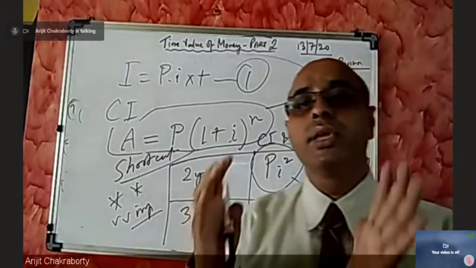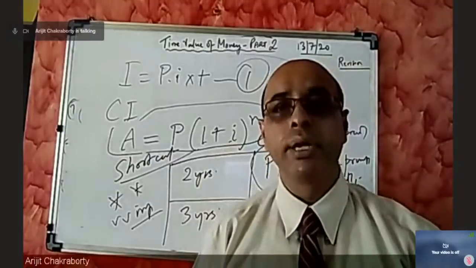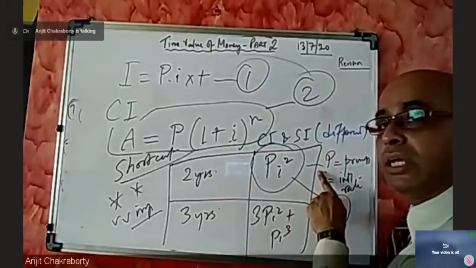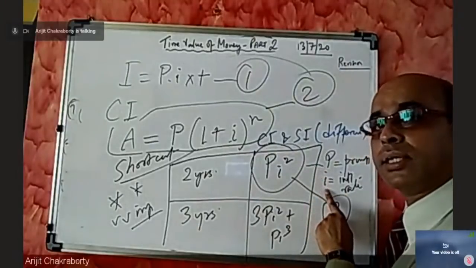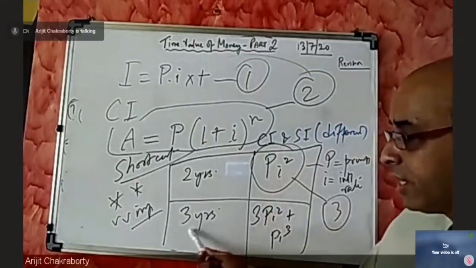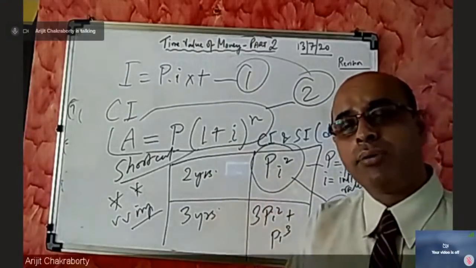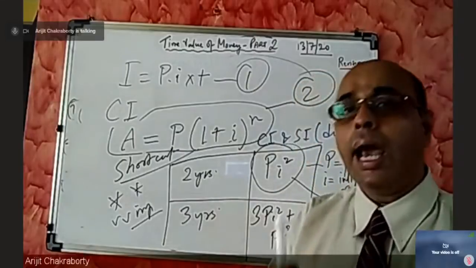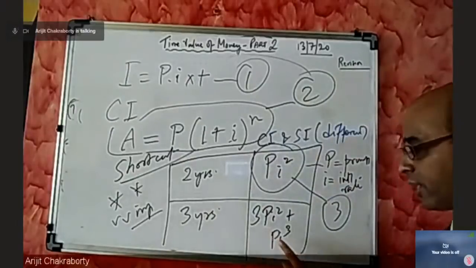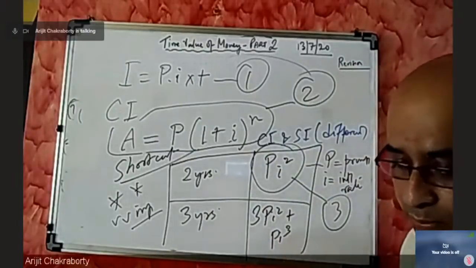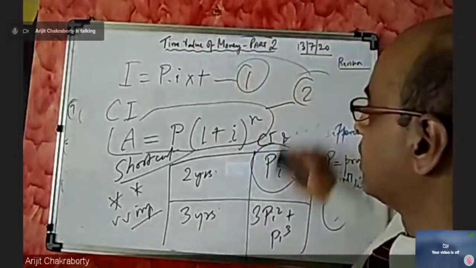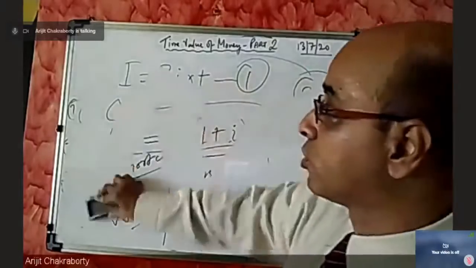The difference between the compound interest and the simple interest for a period of 2 years, when we know that P is the principal and I is the interest rate, right? So it is P into I square. And for 3 years, the difference between compound interest on a given sum of money and the simple interest on the same sum of money is 3PI square plus PI cube. Very important. I hope you have noted this formula.